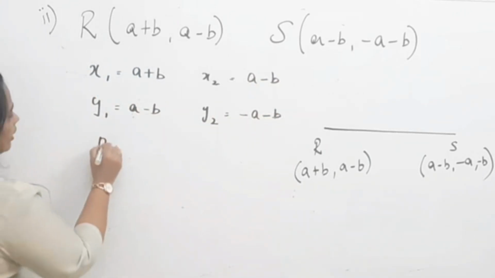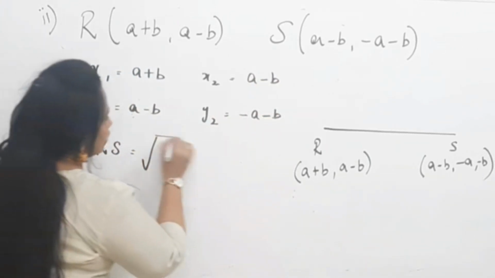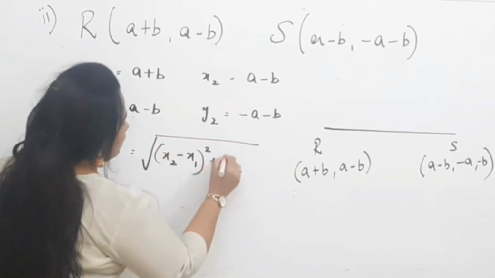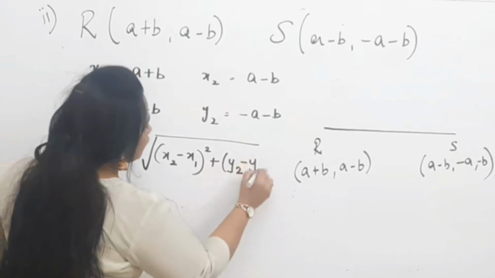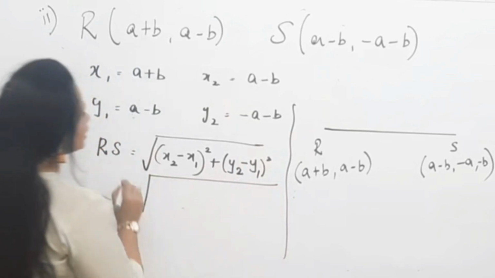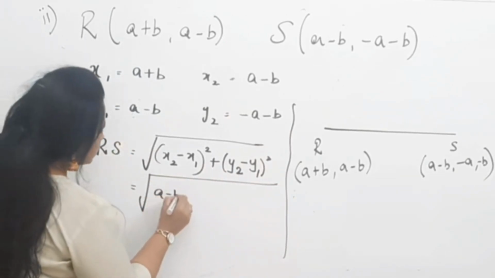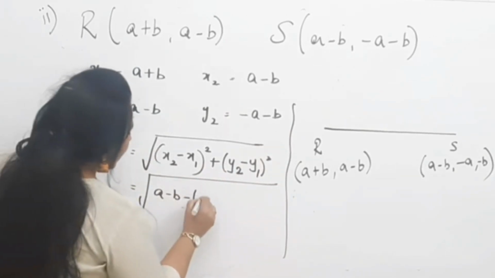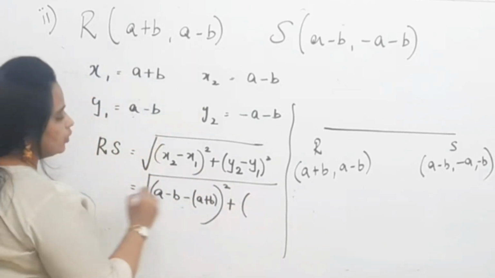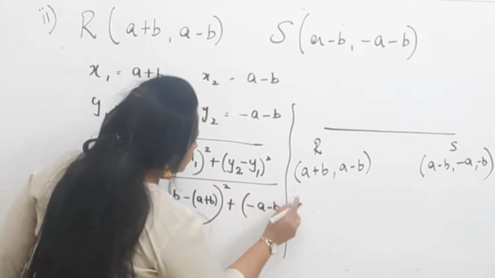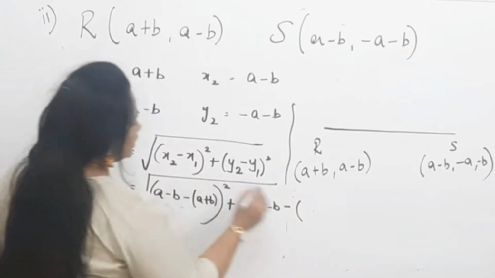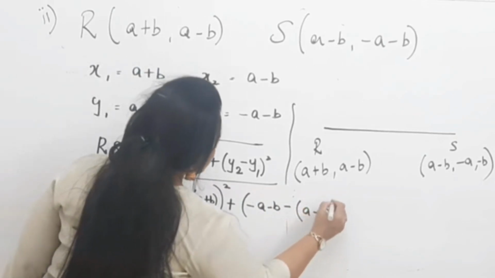Now I would have my equation RS is equal to square root of (x2 minus x1) the whole square plus (y2 minus y1) the whole square. So I would substitute my values: x2 is a - b minus of (a + b) the whole square, plus y2 is -a - b minus of y1, which is a - b, the whole square.